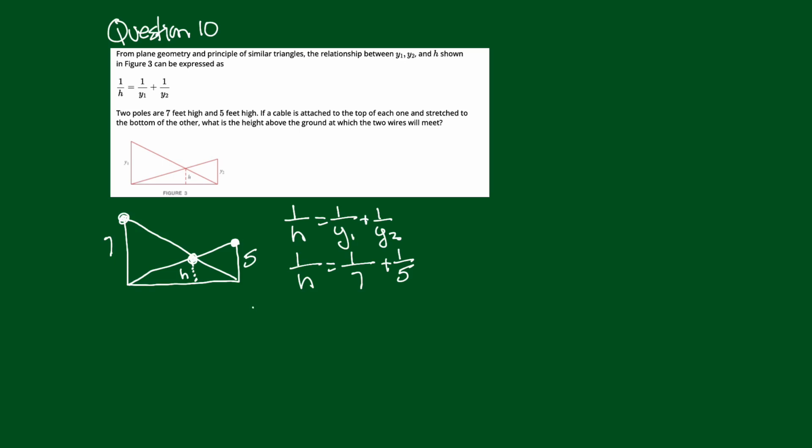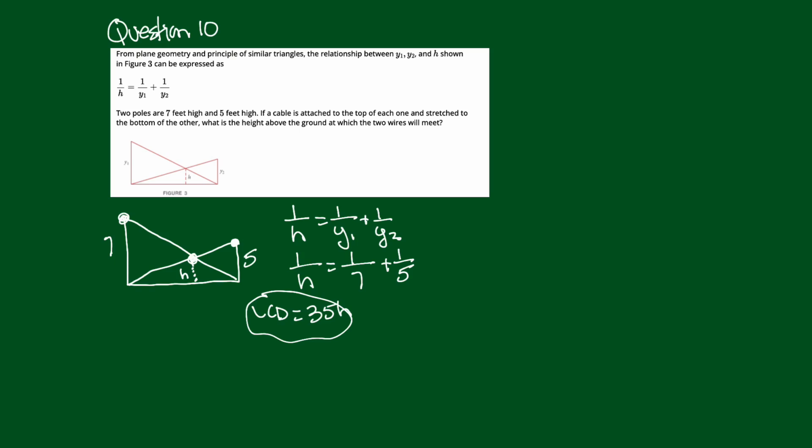Now what's the LCD here? What's the smallest number 7 and 5 go into, and h? Well, 7 and 5 will both go into 35, so I can write 35h. So I know what to do here. I'm going to write that LCD, that 35h, in front of that term, and that term. And then all the denominators will cancel.